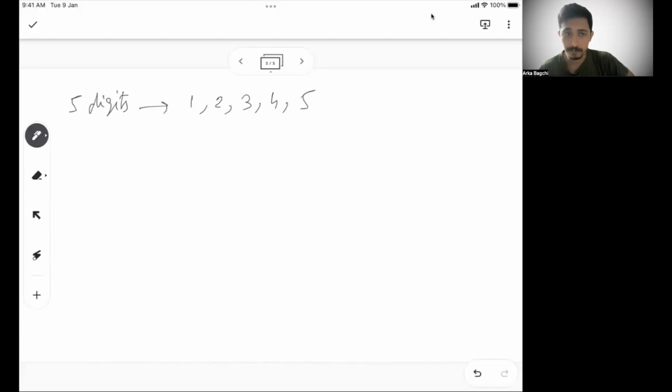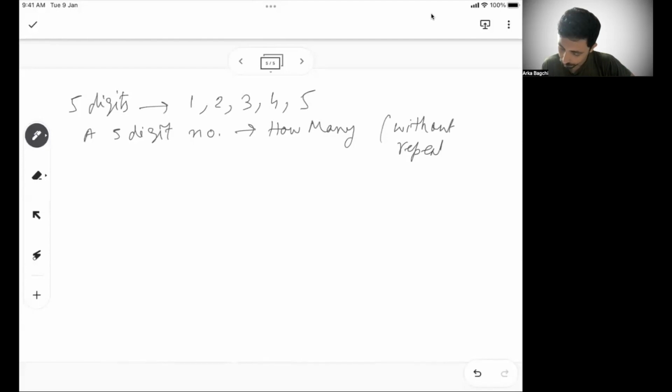How many 5 digit numbers can you make without repeating any digit? So there are 5 digits available and I have to make a 5 digit number. Basically, these are the 5 places.